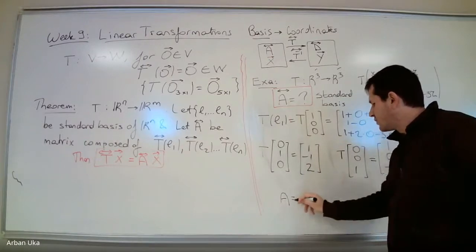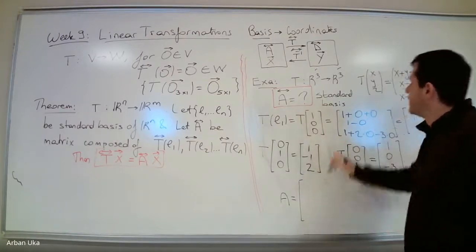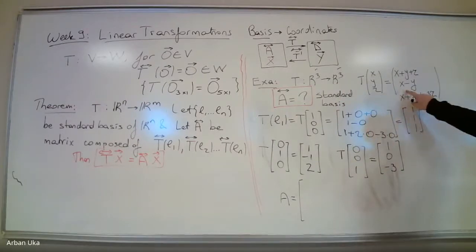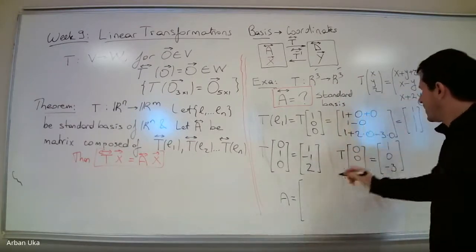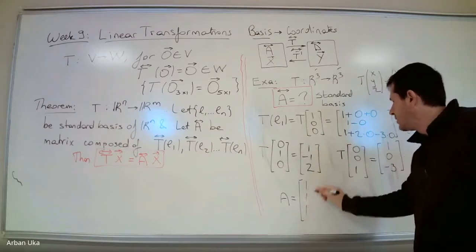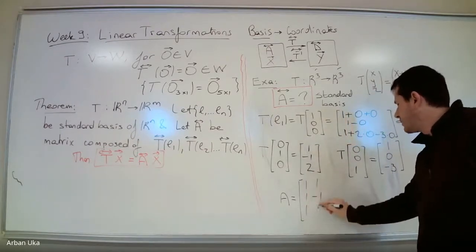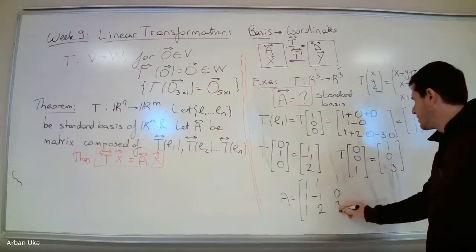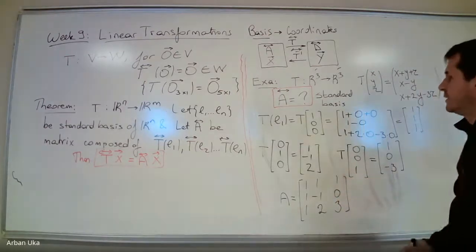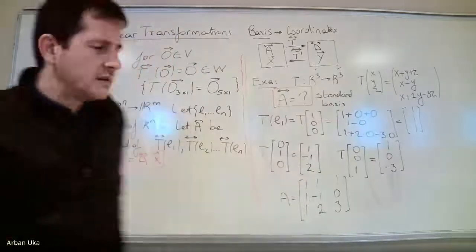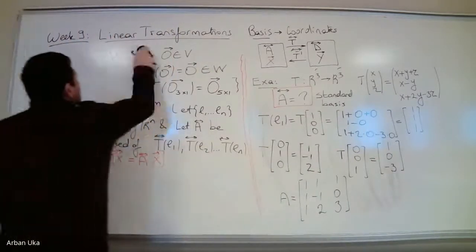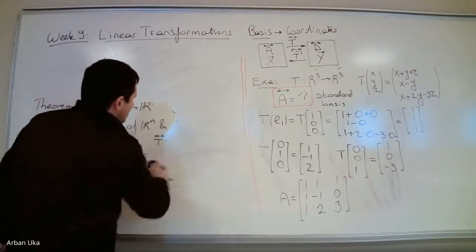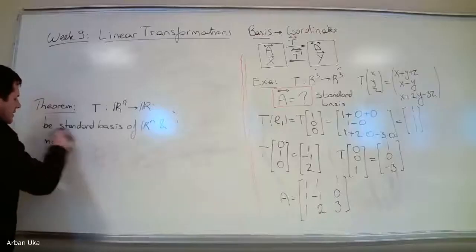Okay, with these values, it looks like the matrix, the big question which was here, the matrix which is going to conduct this transformation from here to here, with this result, is going to be the following: 1, 1, 1, 1, minus 1, 2, 1, 0, minus 3.